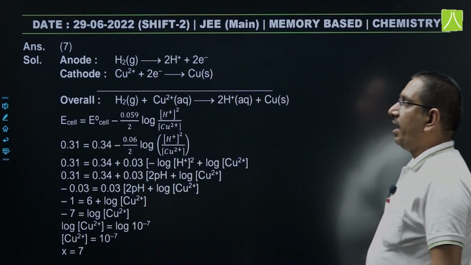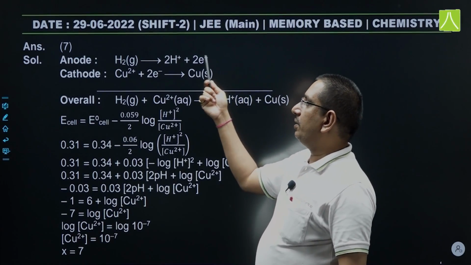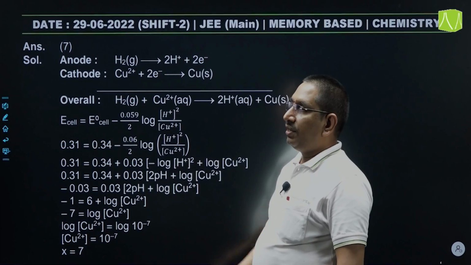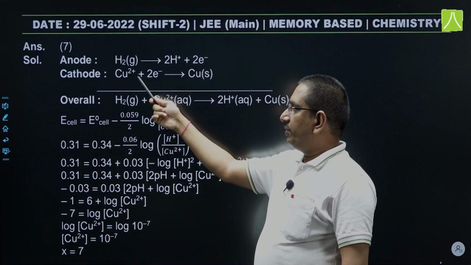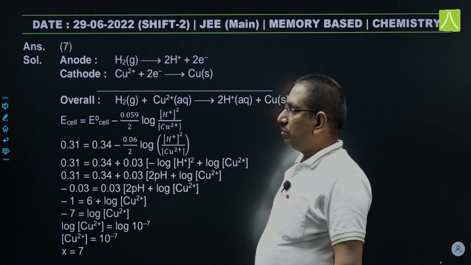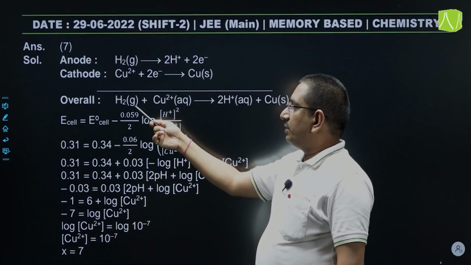Now, at anode for the given cell notation, this is the reaction taking place, hydrogen is oxidizing, copper is reducing, that means Cu2 plus ions are reduced to copper. Now, the overall equation is this one.